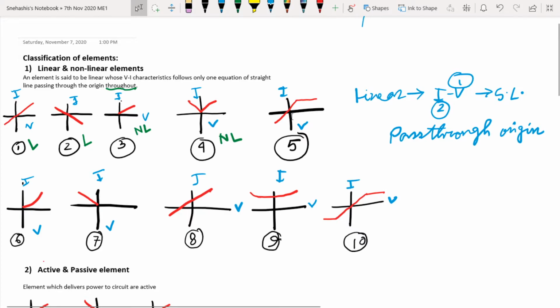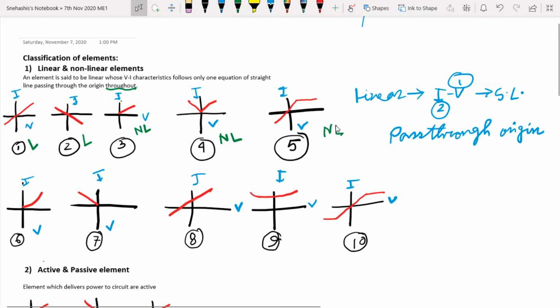In the next diagram, diagram number 5, the characteristics is neither passing through origin, or if you assume that it is origin, still after a certain point it is not a straight line, rather it is a constant magnitude. So there is no maintenance of a straight line here, so the criteria fails.